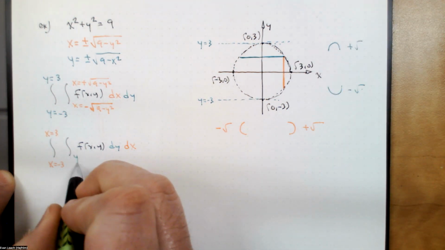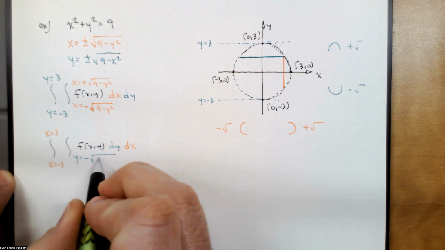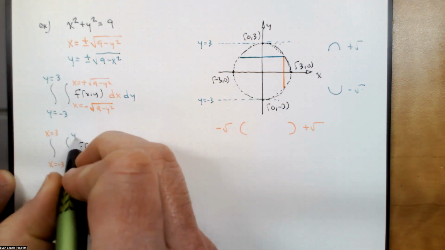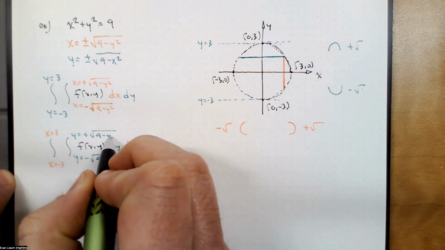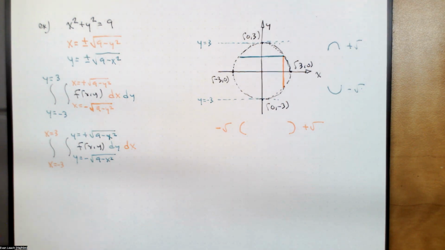So y will go from the bottom half of the circle to the top half of the circle. Two double integrals describing the region, where the region is this circle with radius 3, centered at the origin. So in these two double integrals, the region is the entire circle.